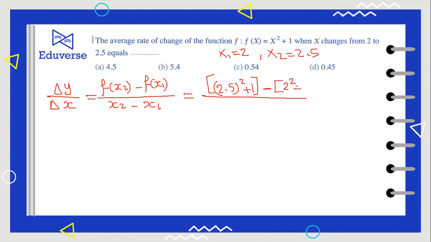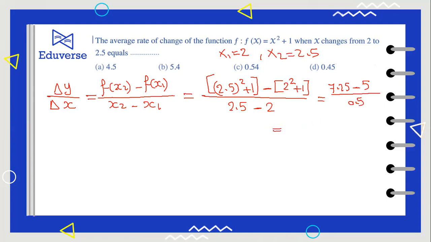2 square plus 1 over x2 minus x1. x2, 2.5 minus x1, 2 equal 2.5 square plus 1, first value, equals 7.25 minus 2 square plus 1, second bracket is 5 over 2.5 minus 2, 0.5.